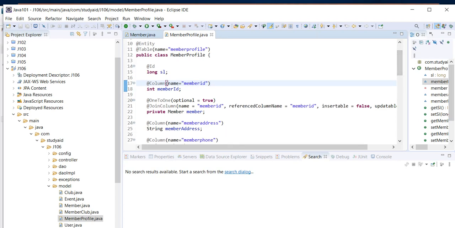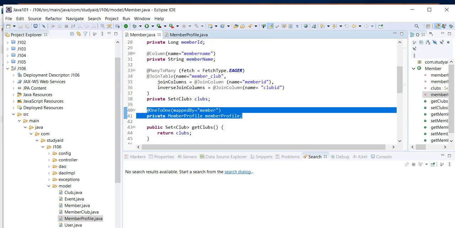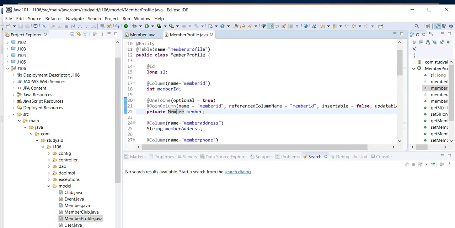So the database column name is member ID, and this is member ID, and we can see over here that one-to-one, and then join column is member ID, and then we are defining the member object over here. And if we look over here in the member class, the member class is having this one-to-one mapped by what? Mapped by the member, defined where? Defined over here. Okay, mapped by defined over here.